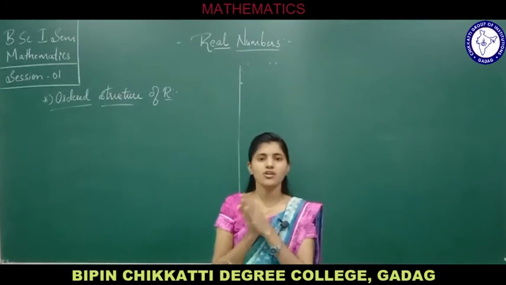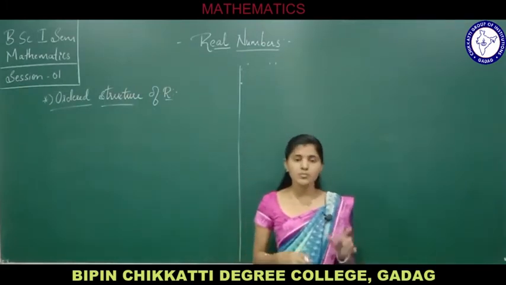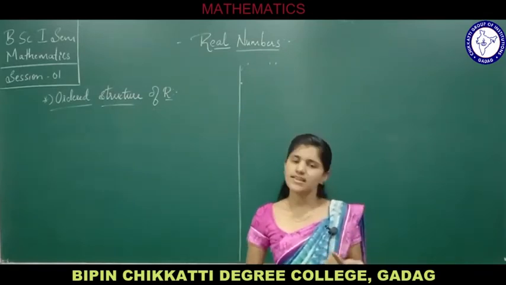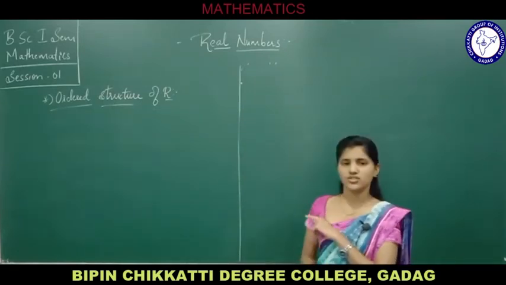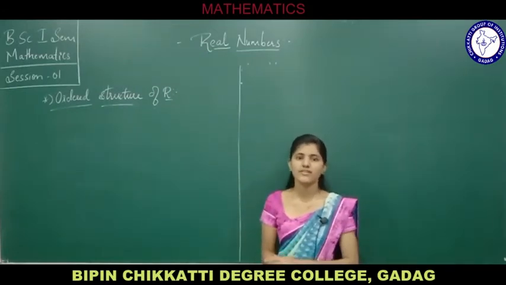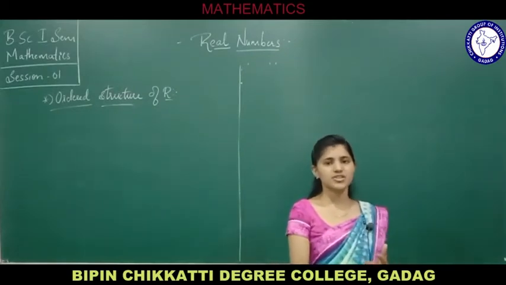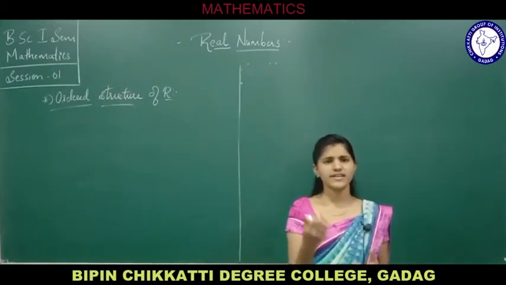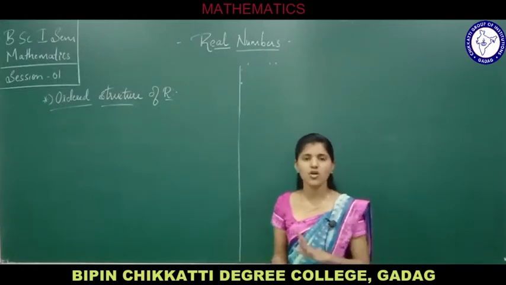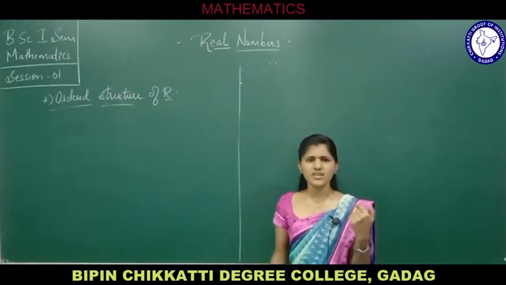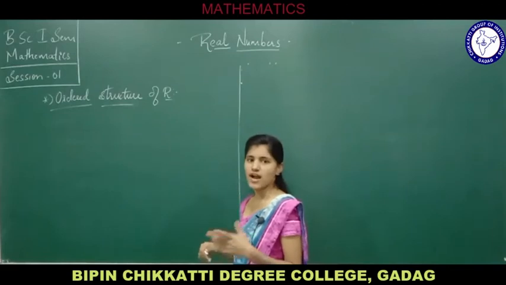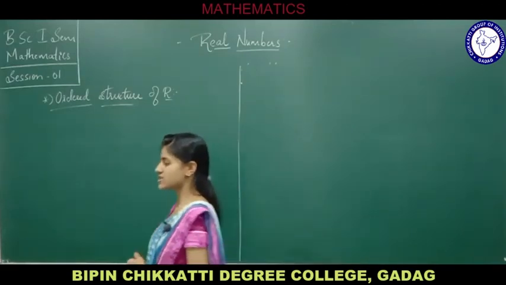We studied the ordered structure of N, and before that we studied those basic properties. In the same way, before the ordered structure of R, we have the basic properties of R, which we are all very familiar with: commutative, associative, additive identity, additive inverse, multiplicative inverse. So we will go to the next topic, the ordered structure of R. How are we going to define it?